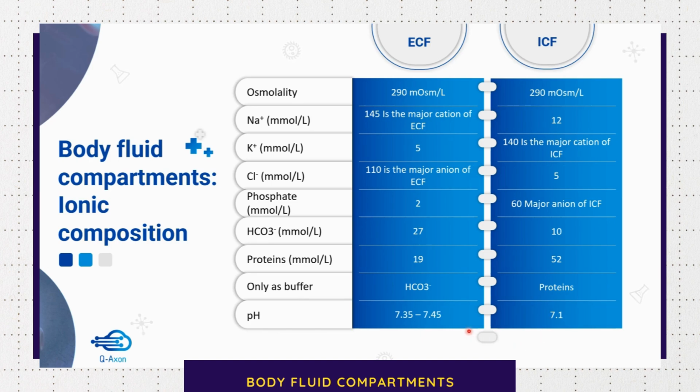Then pH: the extracellular fluid pH is a little towards the alkaline side, that is 7.35 to 7.45, while intracellular fluid pH is a little lower, that is 7.1. So the major points to take from this: sodium is the major cation of ECF, while chloride and bicarbonate are the major anions of ECF; in ICF the major cation is potassium and the major anion is phosphate. Okay.